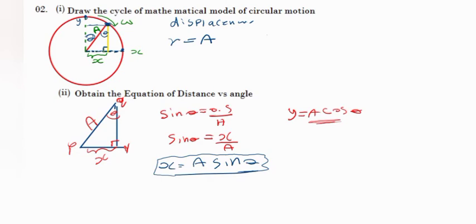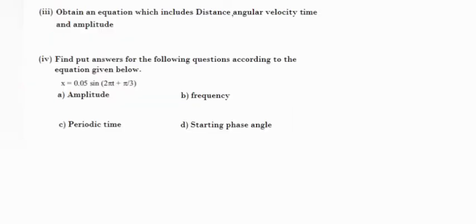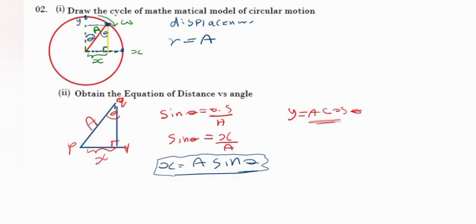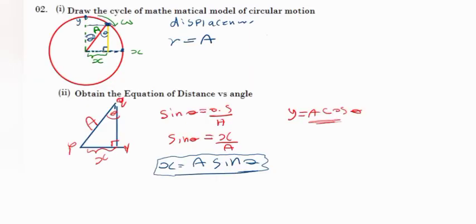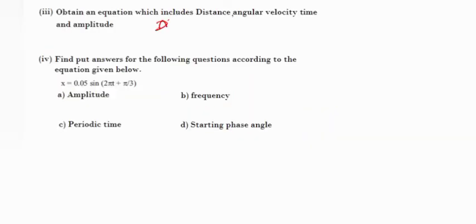Okay, in the next page, obtain an equation which includes distance, angular velocity, time and amplitude. Now my previous equation in the previous page is displacement equals A sine theta. In the previous case it is x, so x is equal to A sine theta.